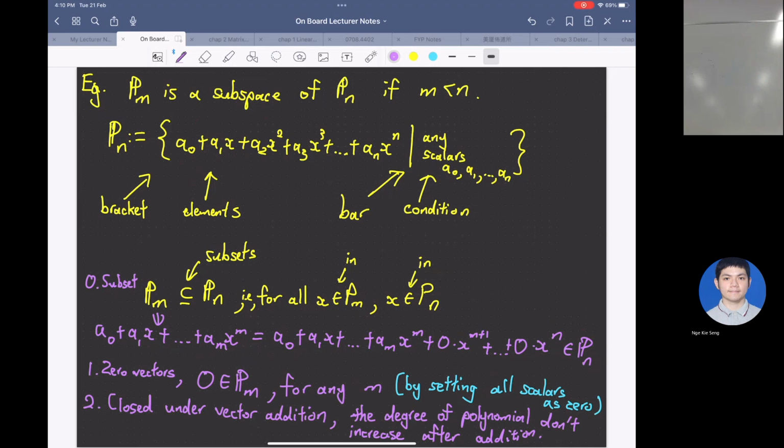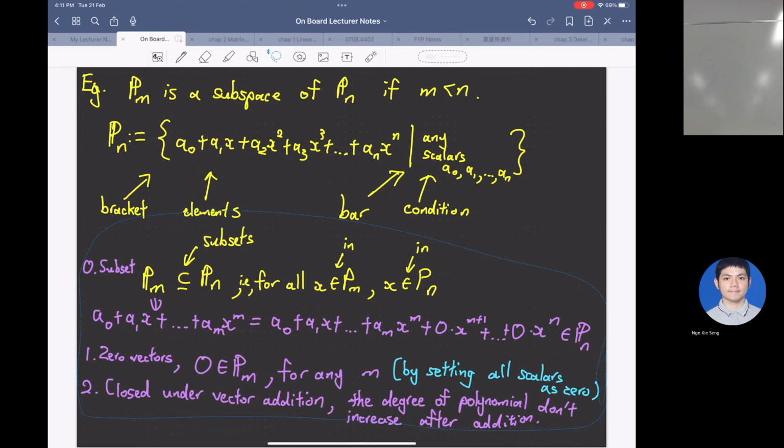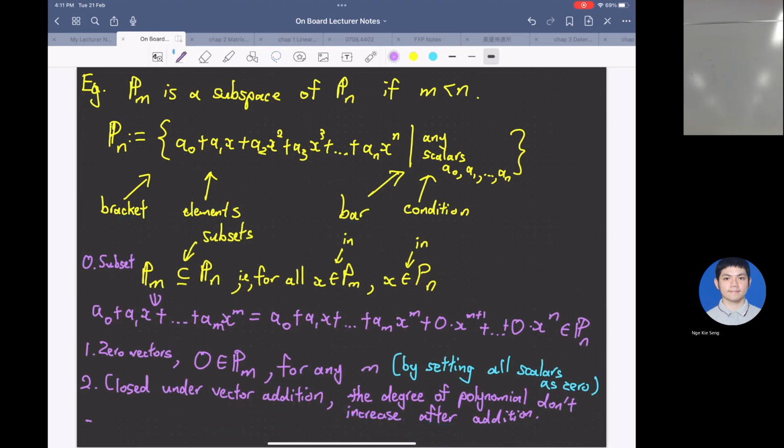Okay. If you have scalar multiplication, if you multiply with a scalar, does it increase your degree or not? No, right? Because you don't increase the power of x, you just change the scalar. So the degree of the polynomial is still the same. I will write it properly afterwards, but I will write down why it is true first.